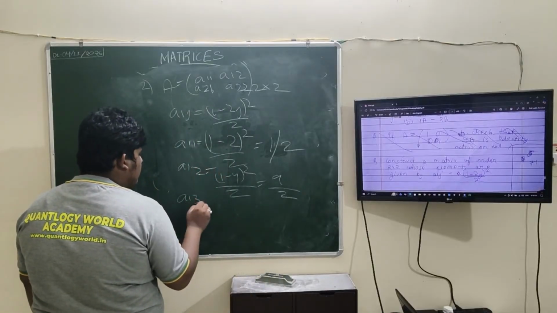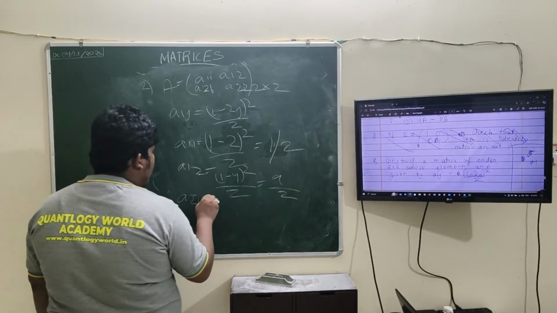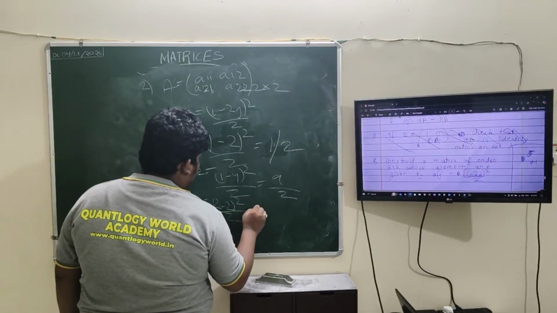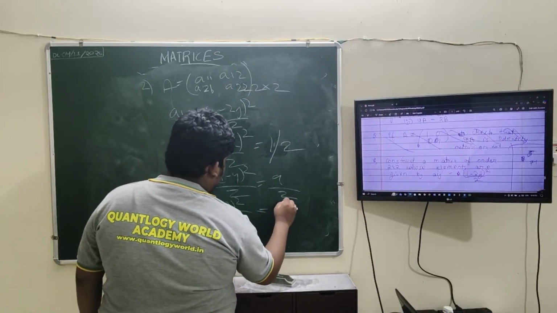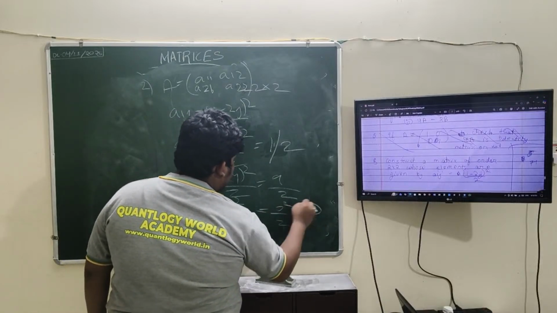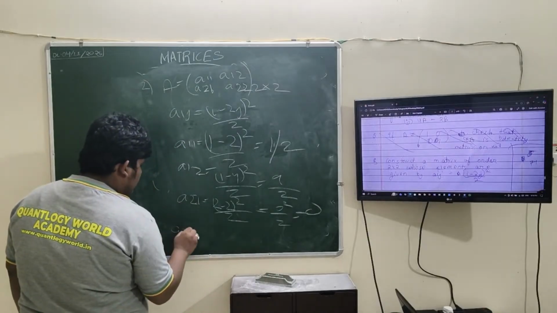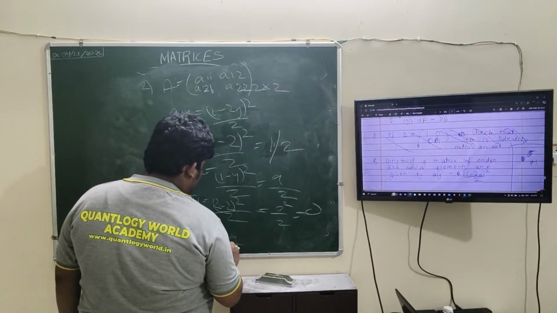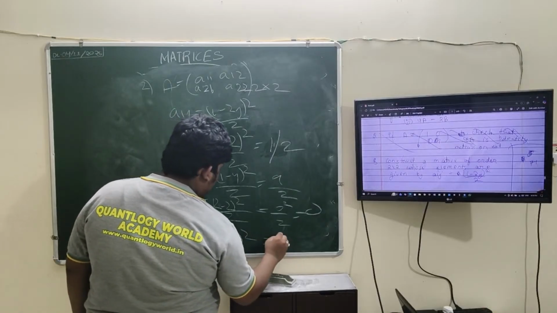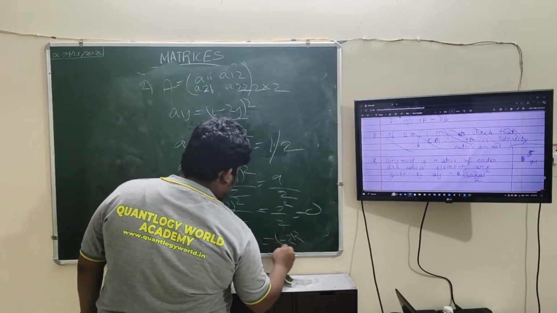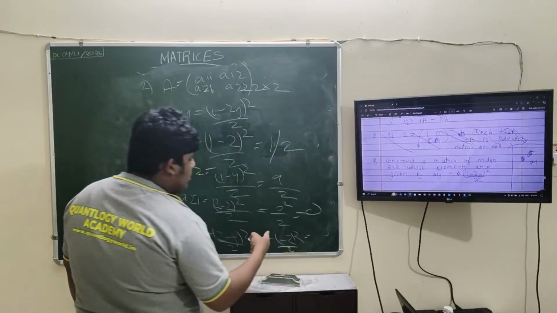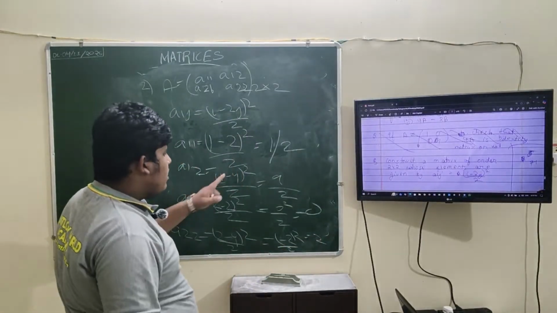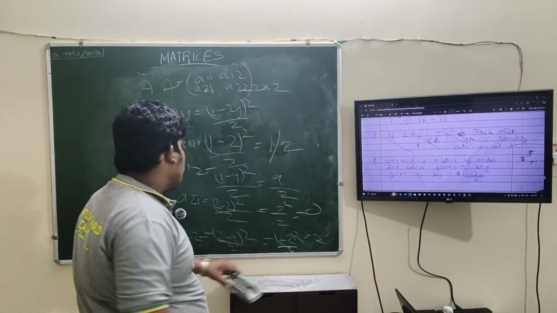Then A21, which is (2 minus 2) whole square by 2, equals 0 square by 2, equals 0. Next is A22 equals (2 minus 4) whole square by 2, which is minus 2 whole square by 2, which is 4 by 2, so the resulting answer will be 2. So the elements are 1 by 2, 9 by 2, 0 and 2.